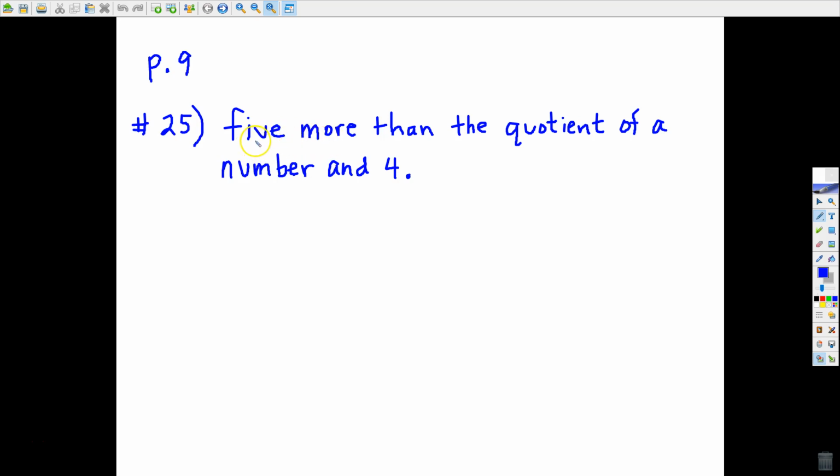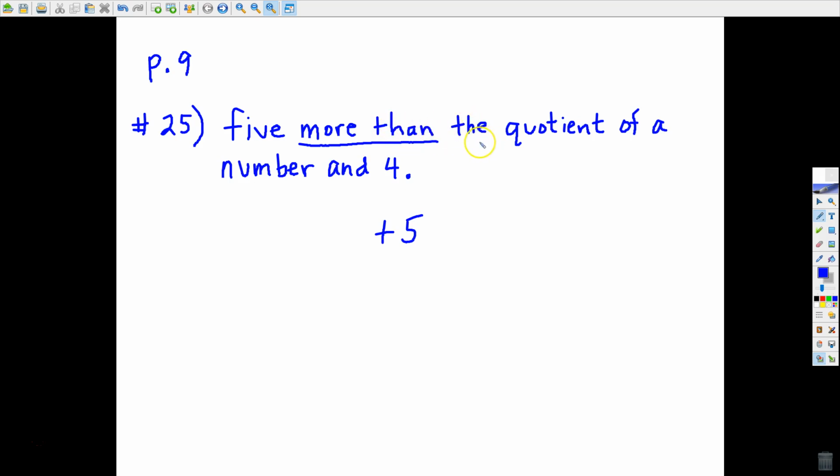Well, the beginning of this phrase says 5 more than, okay? And the more than, we talked earlier, refers to addition. So the way I express 5 more than is with a plus sign, obviously, and then 5. So taking 5 and then adding it to something.